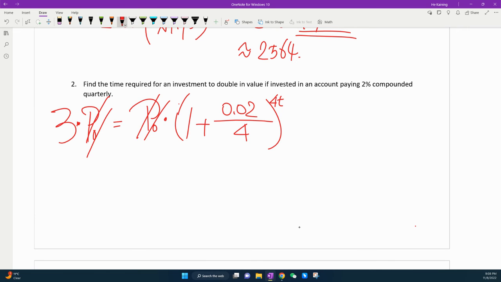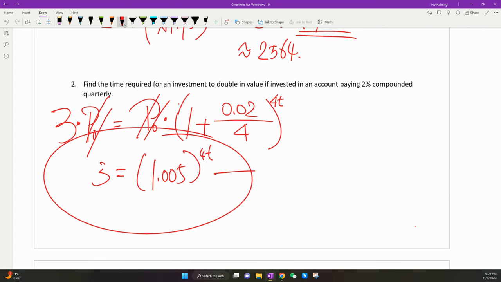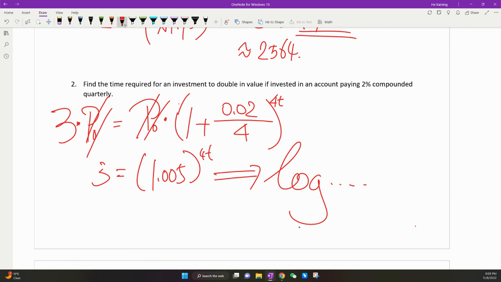So we're going to take the whole same procedure. 3 equals 1.005 to the 4t. And then this is all you got to do. And then you got to translate it into a logarithmic function so that you can actually find the answer. At the end, you find the answer for 4t. You got to divide by 4 on both sides. So then to find out how long it would take for you to triple, the procedure is going to be the same.